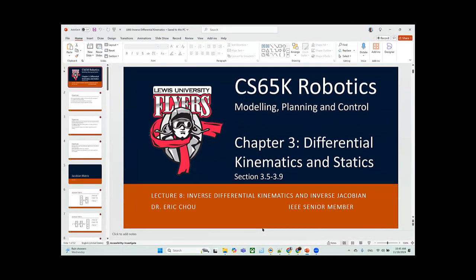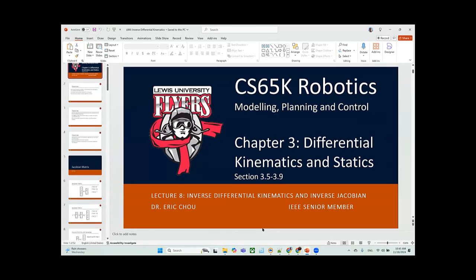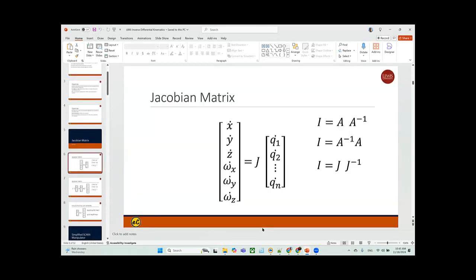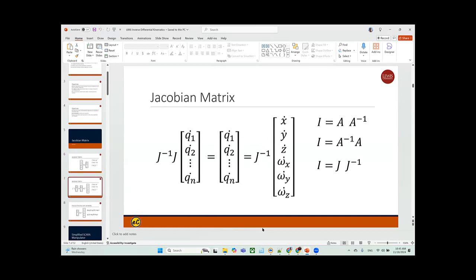And another topic covered this week 5 is the inverse differential kinematic, or inverse Jacobian. Okay, so inverse Jacobian is that after you get the Jacobian, you calculate the inverse of it, then you can use the velocity and angular change that you measure at the end effector backward to calculate your state variable change.